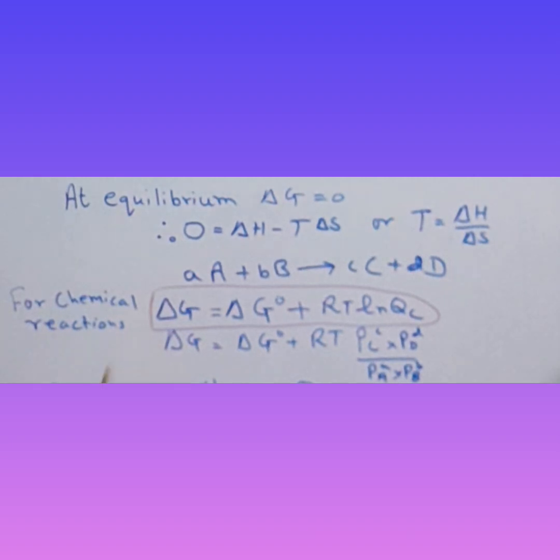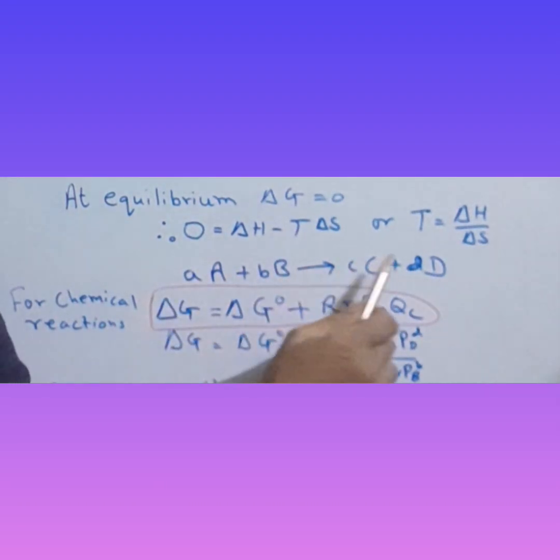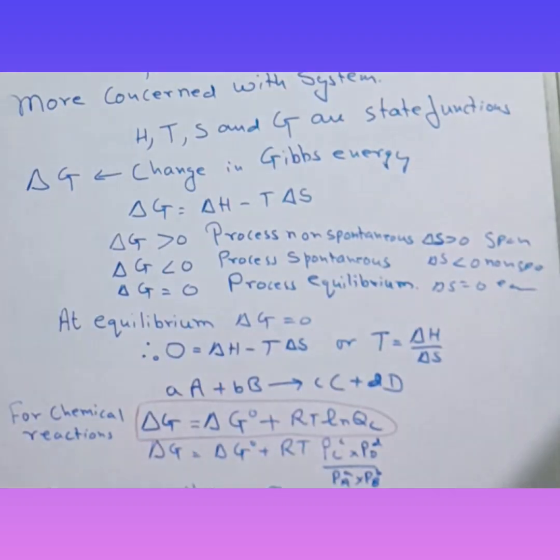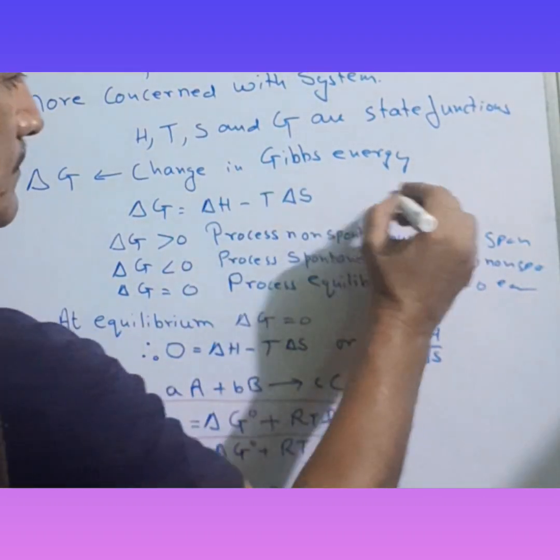Now suppose the reaction occurs, A plus B gives you C and D with stoichiometry small a, small b, small c, small d. Then for this chemical reaction del G would be equal to del G0 plus RT ln Qc. I guess you are aware of Qc.